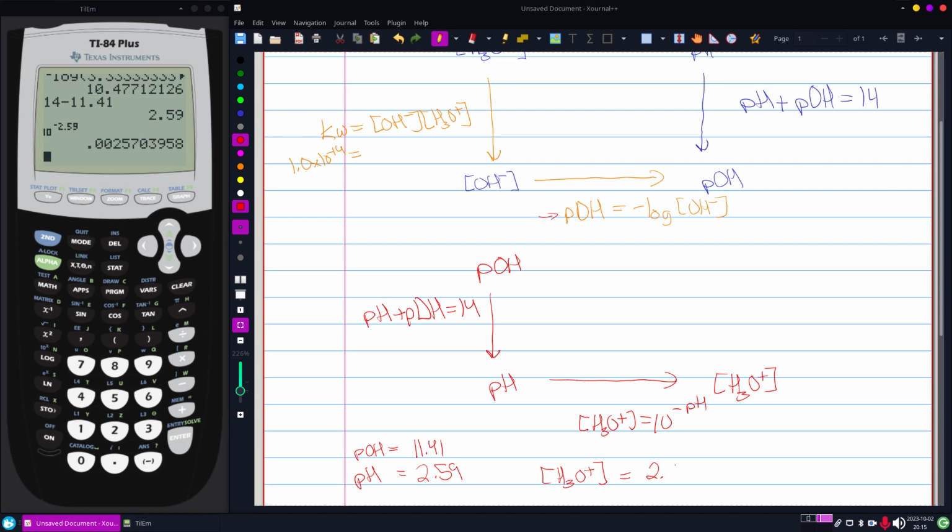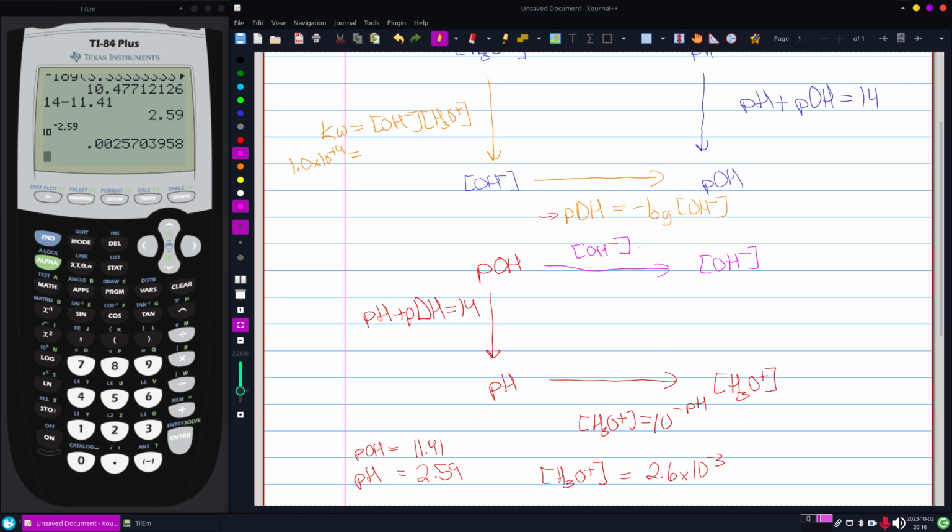I'm going to put this in scientific notation: 2.6 times 10 to the negative third. Now, we could go the opposite, that top of this one here. If I wanted to convert the pOH into the OH concentration, I have a similar equation to this one.